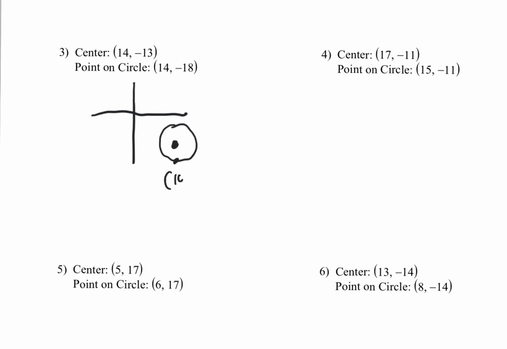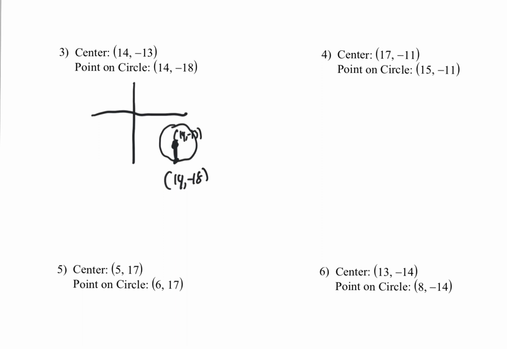That's at 14, negative 18. Essentially, we've got a radius here that we could find. Because remember, the radius goes from the center of the circle to a point on that circle. So the way we're going to do this is if you've got 2 points, you can find the distance between those 2 points by using the distance formula.